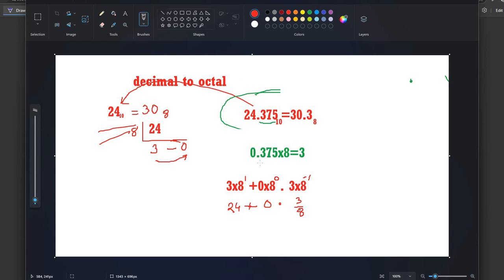So 3 by 8 is 0.375, and it is 24. So the answer is 24.375. That is our answer, what we got from here. Okay, this is how to convert an octal number into a decimal number.